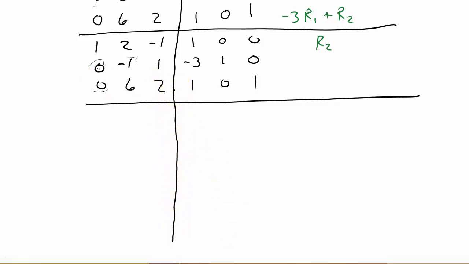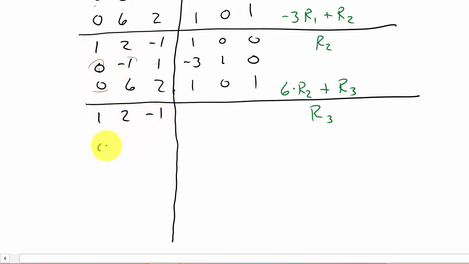All right, I told you it's a long problem. So what I'm going to do is I'm going to do 6 times row 2 plus row 3, and I'm going to replace row 3. All right, so I'm replacing row 3. So let's write the first two rows down. So that's 1, 2, -1, 0, -1, 1.